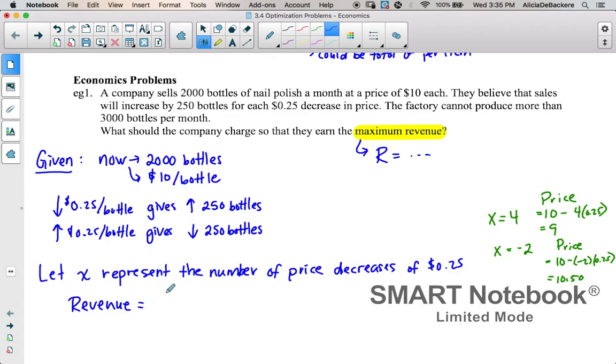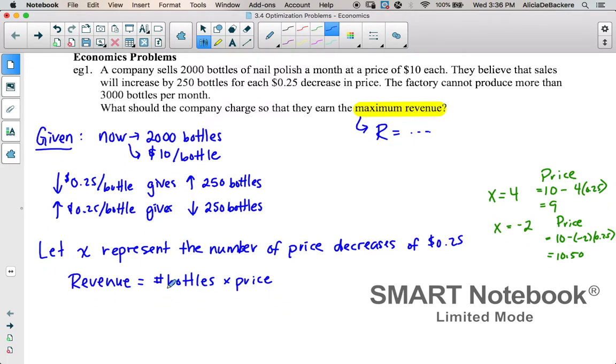I know that the money coming in is going to be the number of bottles that I sell times the price that I charge per bottle. That's the amount of money coming into my company. So now I'm going to try and change these all into equations. The number of bottles that I sell, well, right now I'm selling 2,000 bottles.